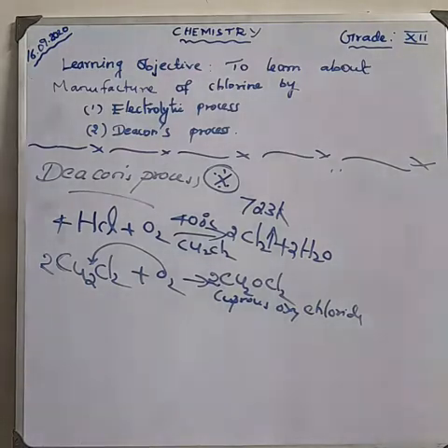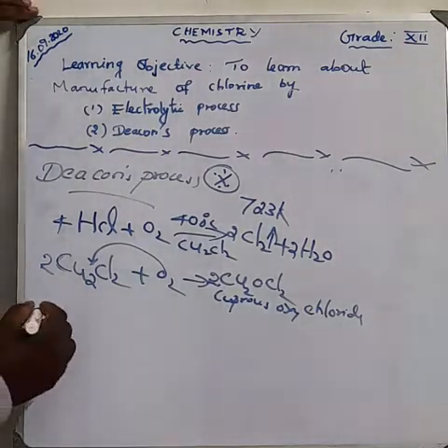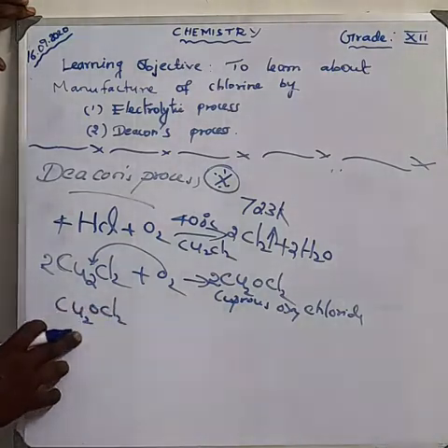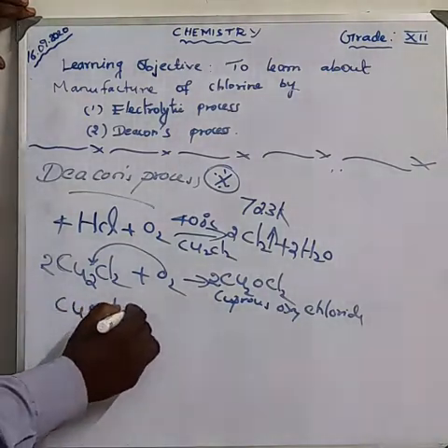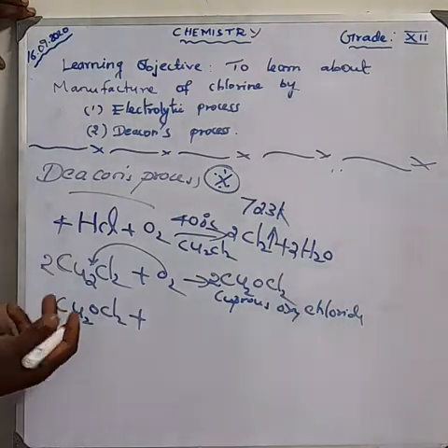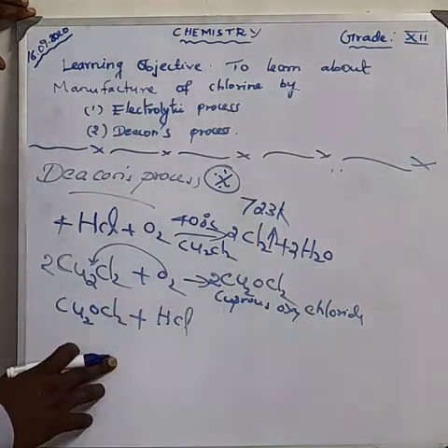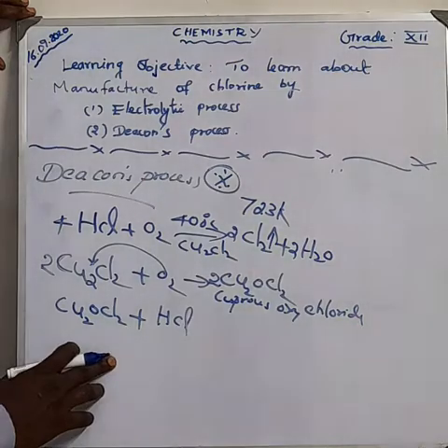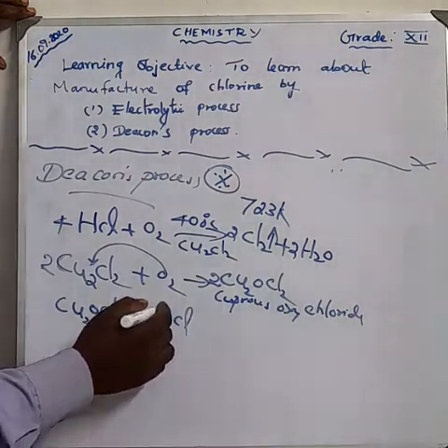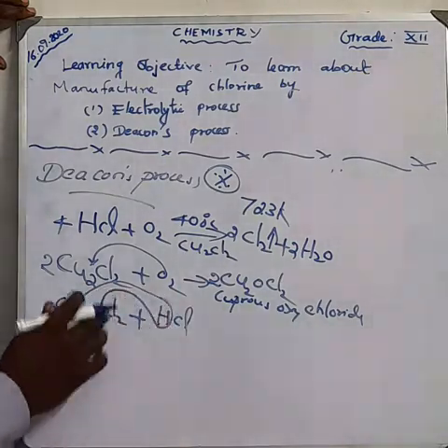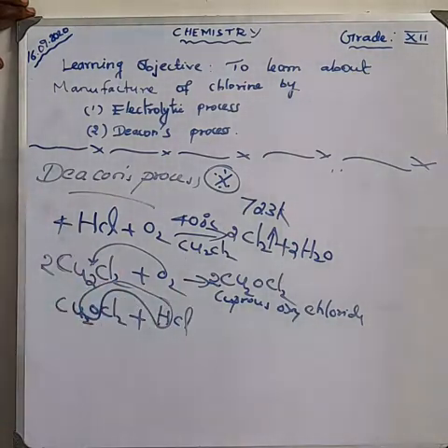Next, the cuprous oxychloride Cu2OCl2 reacts with hydrochloric acid, HCl. So what products are obtained? Hydrogen combines with oxygen, so the product is H2O. What are the remaining products?